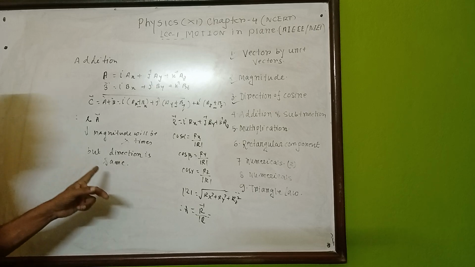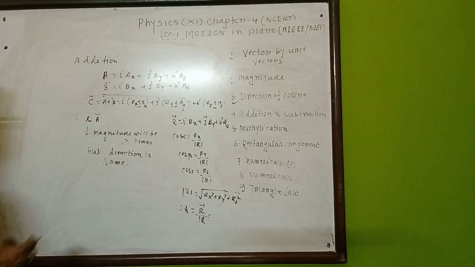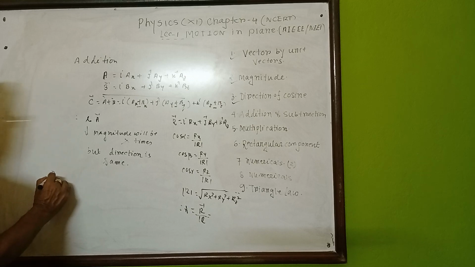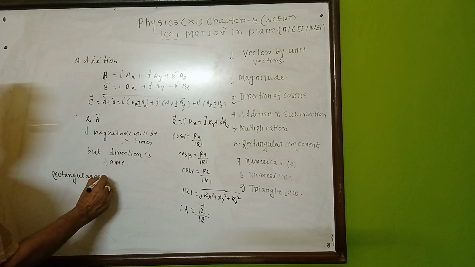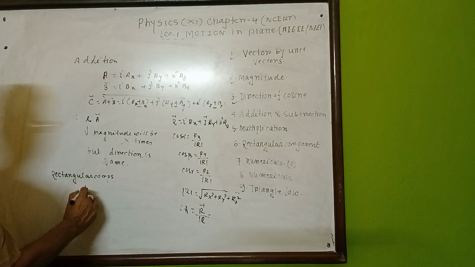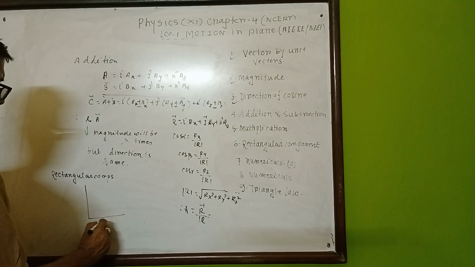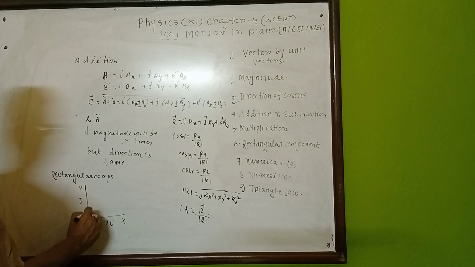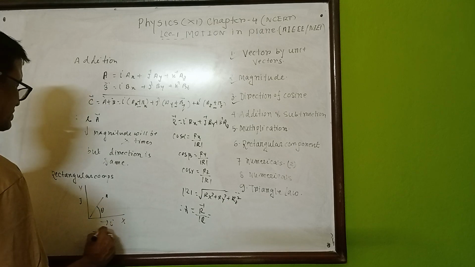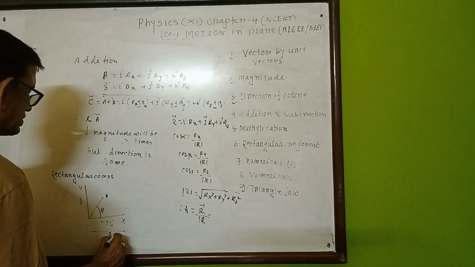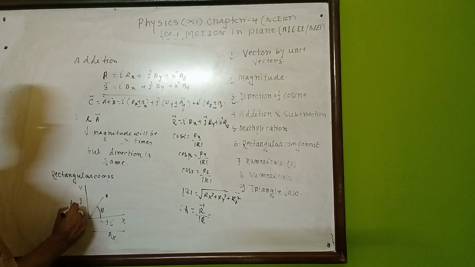Now I am going to rectangular components of a vector. This is the i direction, x direction, and that is y, j. This is a vector A making some angle theta with the x-axis. Along the x direction there is a component Ax, along the y direction a component Ay.